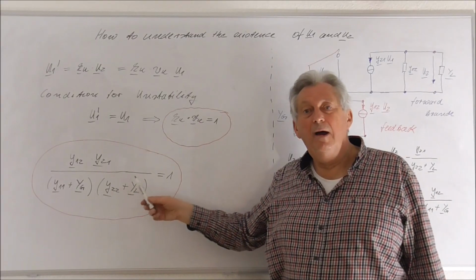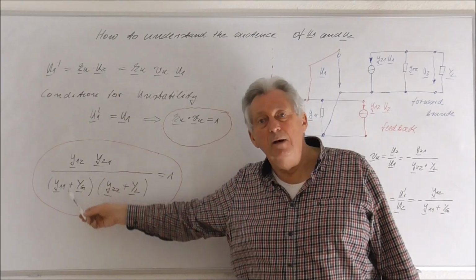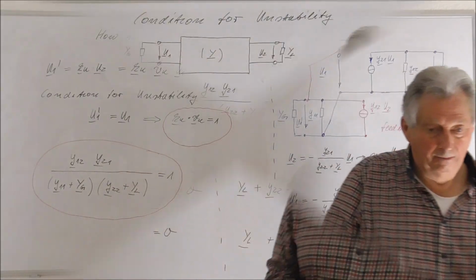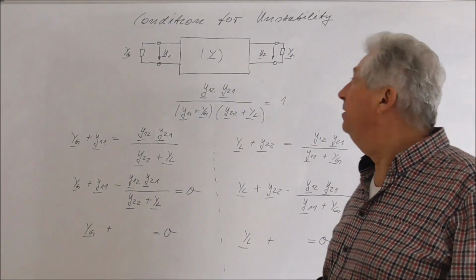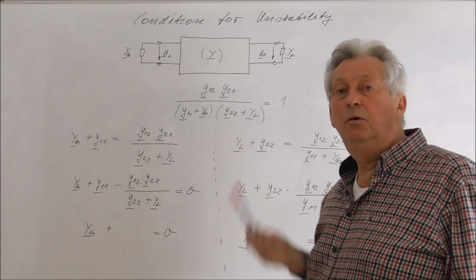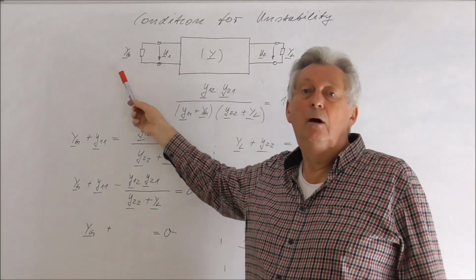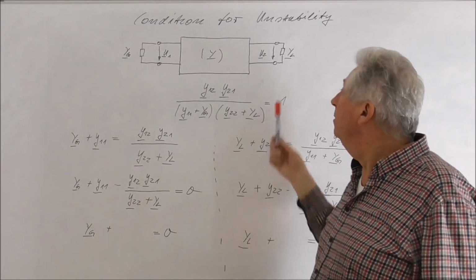So our active device or our amplifier becomes unstable as soon as this equation holds true. So up to now we discussed the condition for instability. What does it mean? I consider the active device or an amplifier, which is terminated in a certain generator admittance and then a certain load admittance.